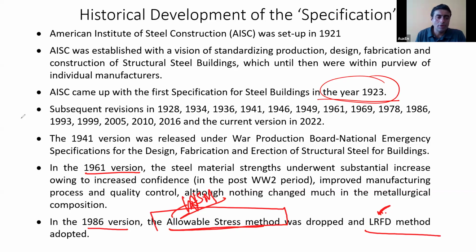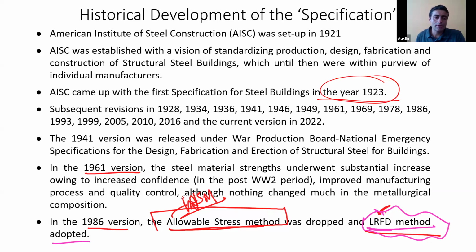Therefore, because of those better understandings, you could now allow increased strength in these steel sections, and you could check the steel sections for different limit states, and that's how this LRFD method came into existence.